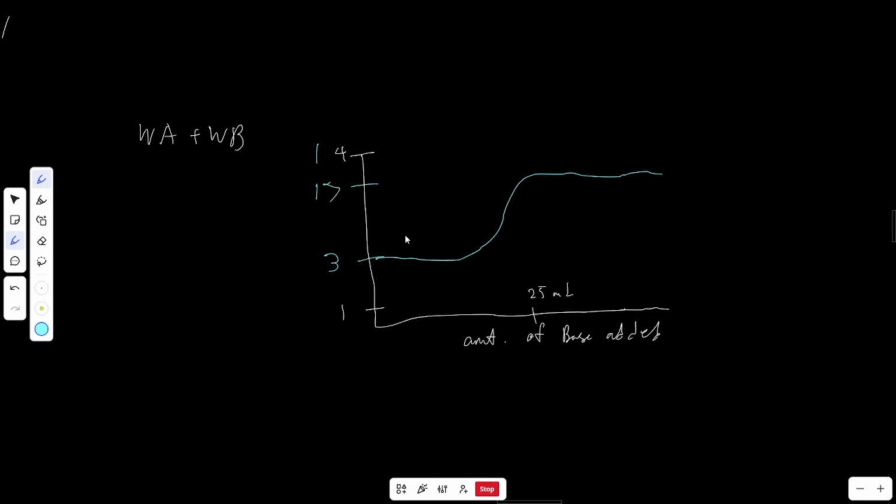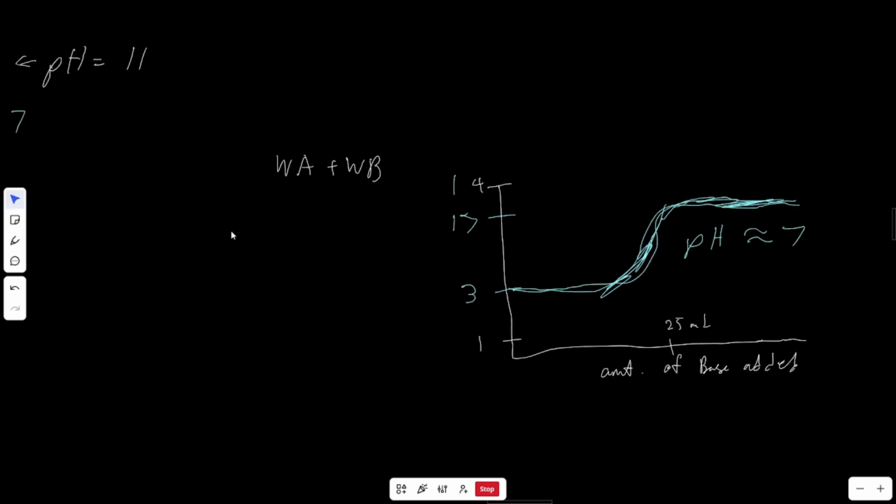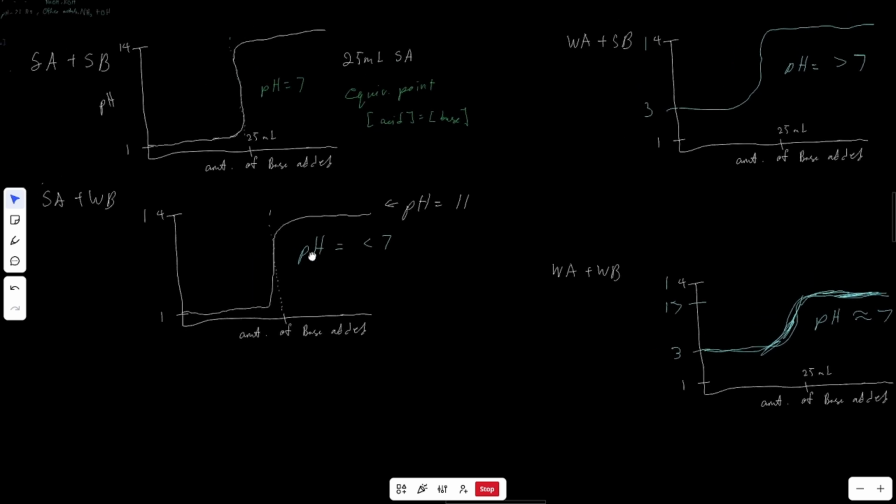So just imagine it like there, yep, right there. Pardon the drawing, but they basically equalize, and it would be close to approximately 7.